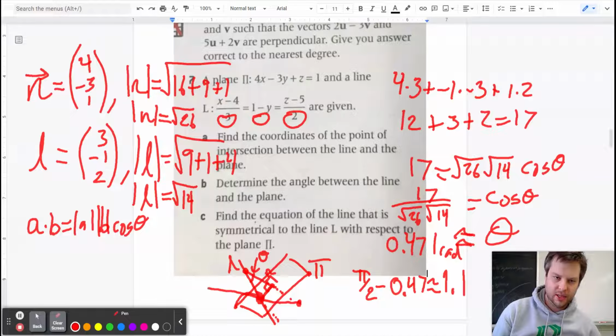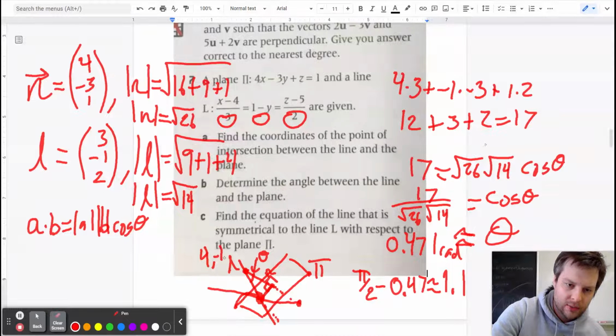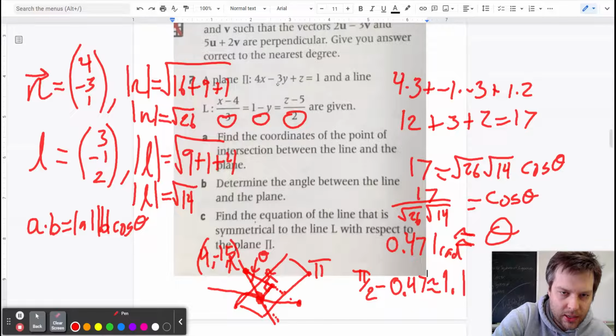So that would be a problem where I could take this point up here, which is the point 4, -1, 5, and I would travel along the normal vector twice. So I'd go down 4, up 3, down 1, and I do that twice.